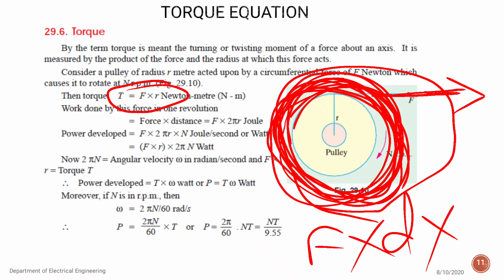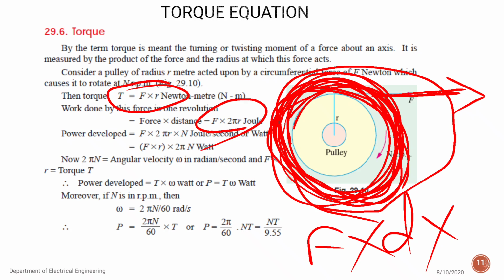So we have to calculate the circumference of the circle, that is 2 pi r. So the total work done by this force in a single revolution will be force into distance, that is F into 2 pi r.